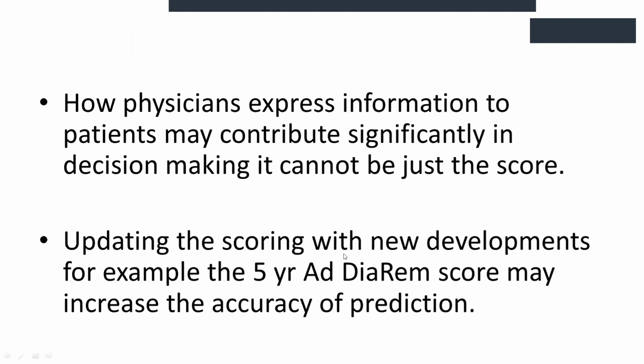And the updating of scores with new developments, for example, the 5-year ABCD diagram incorporates the 1-year variables also. So this increases the accuracy of prediction in scoring models. If the scoring model can include that, then it will be much more accurate. So with this, I'll conclude my seminar. Thank you.